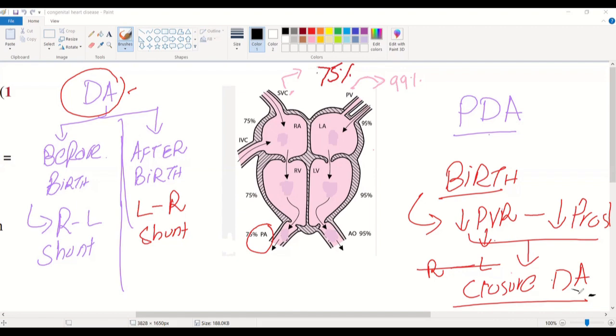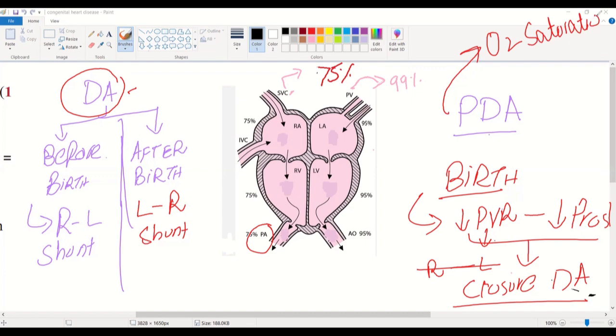Okay. So can anybody tell me the oxygen saturation changes in the PDA? In patent ductus arteriosus, what oxygen saturation changes take place in the vessels and heart chambers?